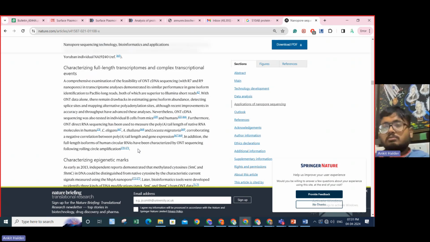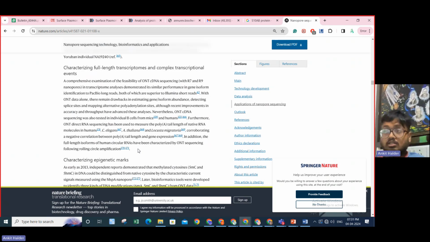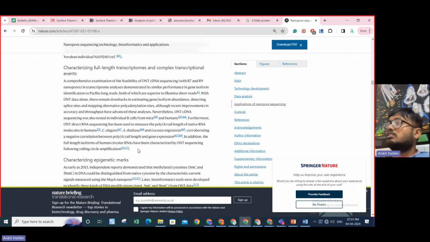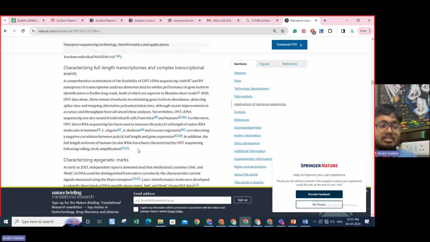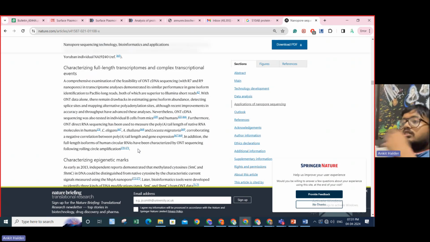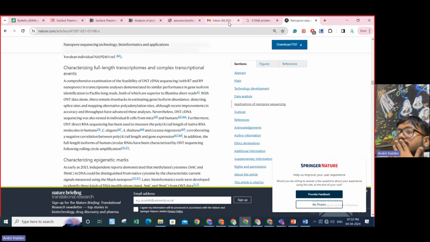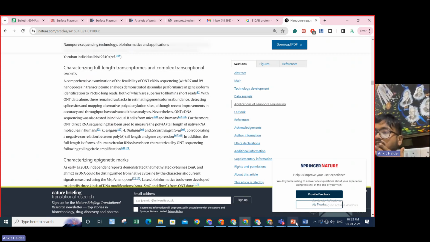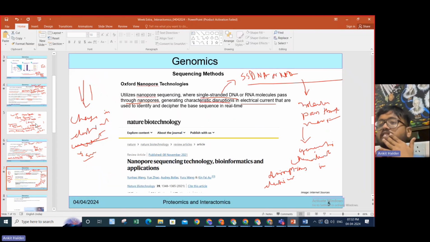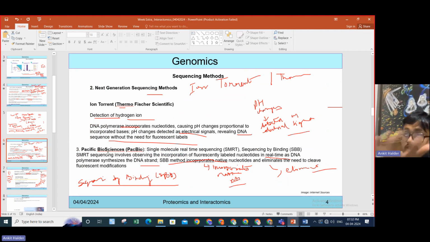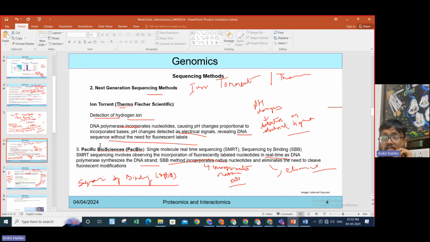But all the analysis methods that we check on are the sequencing technologies which we use for genomics, like sequencing by synthesis, or the single molecule real time.